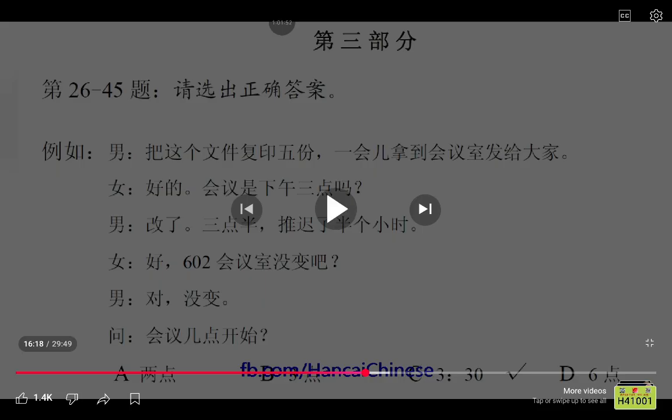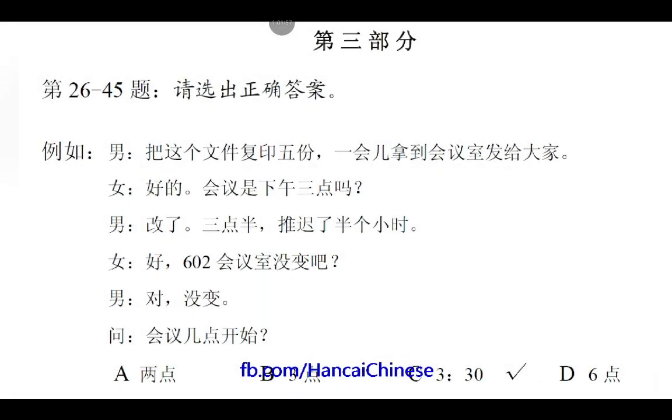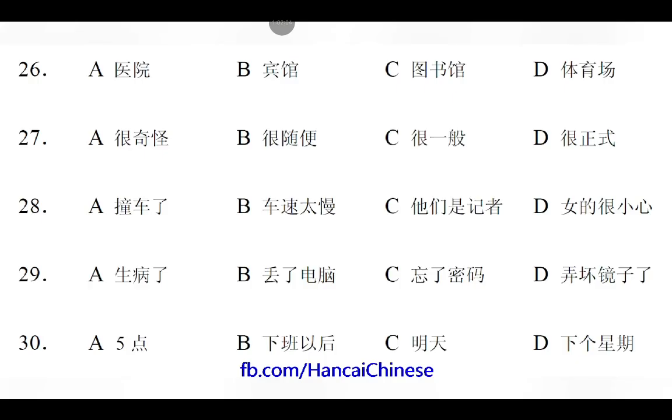例如, so the first one is the example. You don't need to be worried about this one, just skip it. 现在开始第26题。Actually 26 is the start. First, we have to read all of these options carefully. The first one is 医院, hospital, 宾馆 hotel, 图书馆 library, 体育馆 stadium.